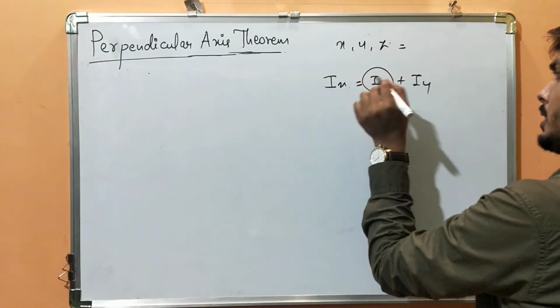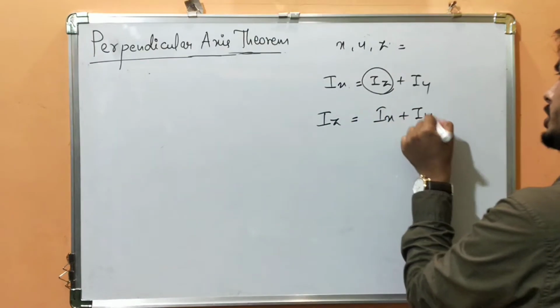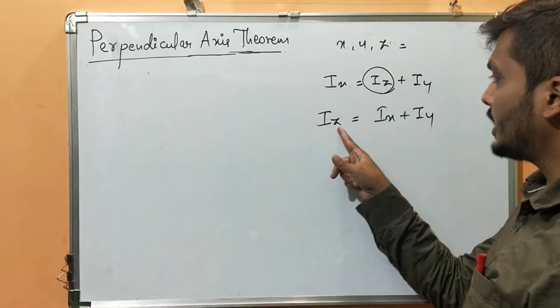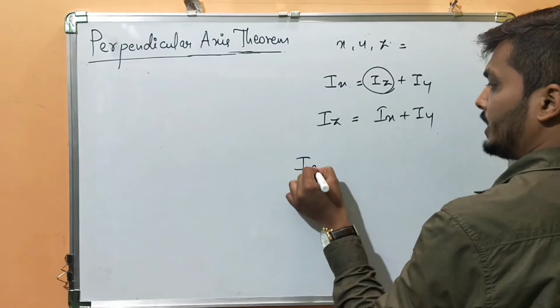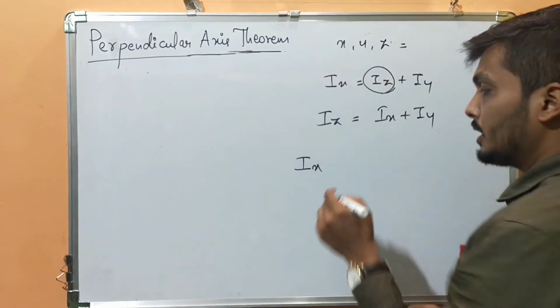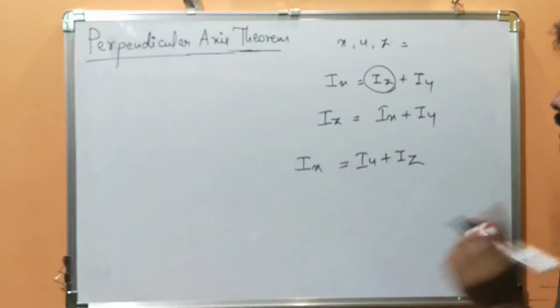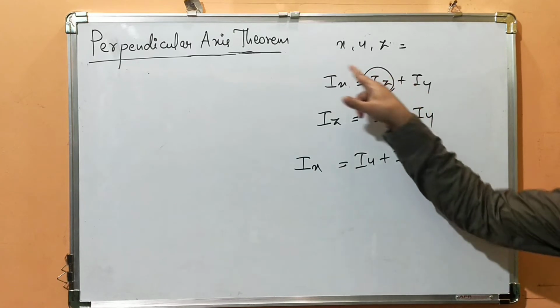The sum should be of the axes which are on the plane. So x and y were along the plane and z was perpendicular. If ix were the perpendicular axis, then in that case you would write Iy plus Iz. But in my first case, don't write Ix equals Iz plus Iy.